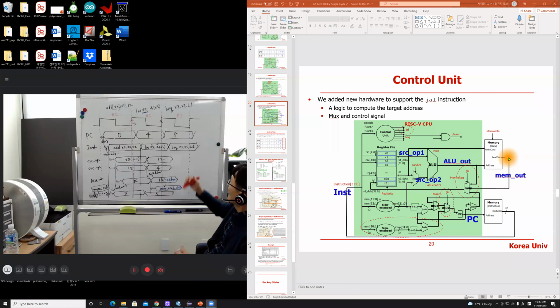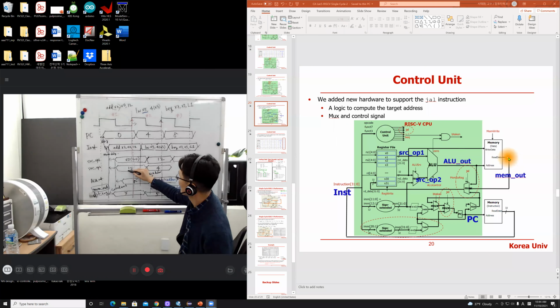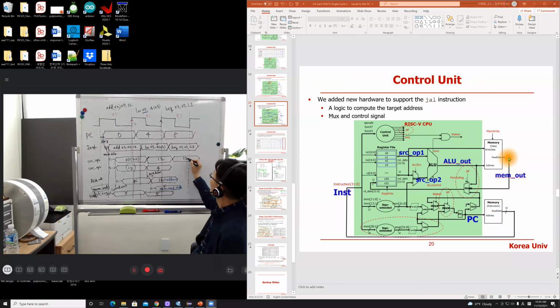Okay. How about a branch instruction? Same thing. So here you got the branch instruction inside the CPU, then the source operands. In this case, what are they? X3 and X5. X3 happens to be 12 from the first instruction.